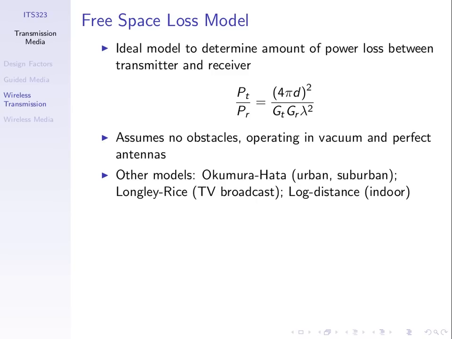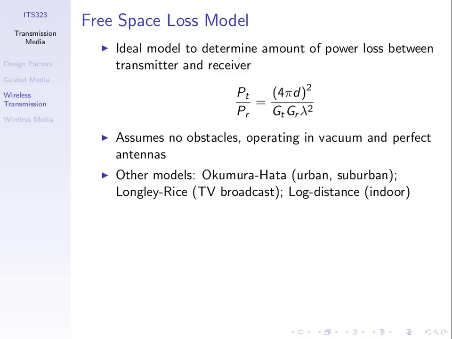And we receive some power, so the signal received has power PR. So all these factors come together. If we know all but one, we can determine that one. So this assumes there are no obstacles between transmitter and receiver, and we're operating in a vacuum, no other transmissions, and perfect antennas, so just determined by their gain.